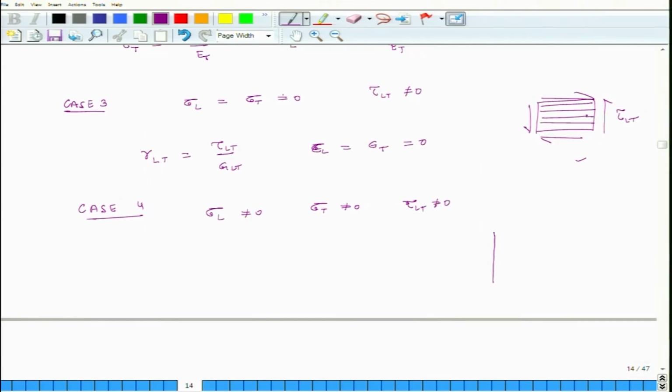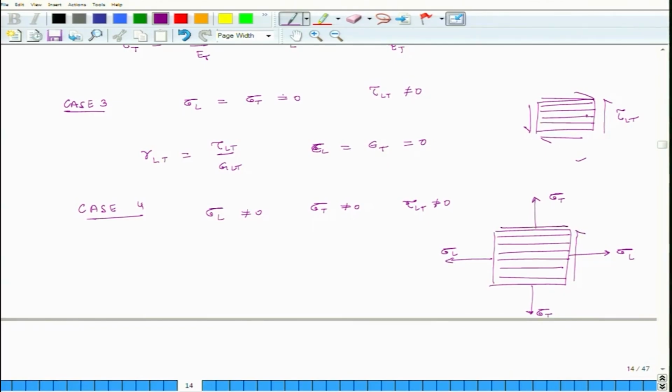So, how does the loading look like? This is my orientation of fibers. I am applying a stress in the longitudinal direction. I am also applying a transverse load or stress, and I am also applying a shear stress.